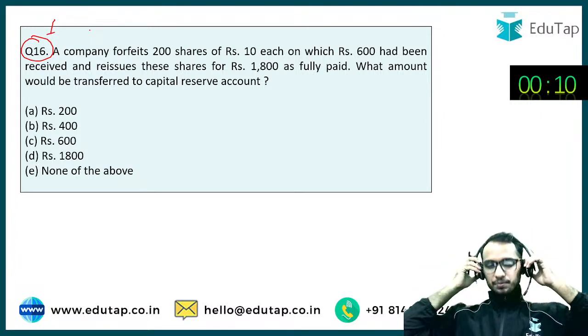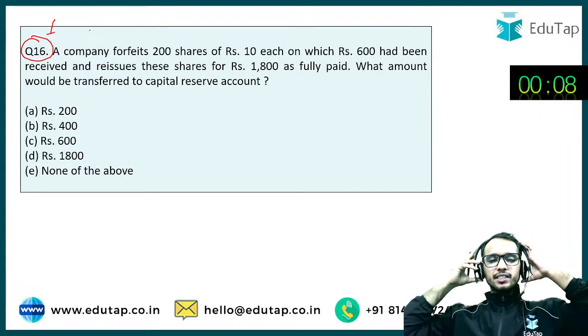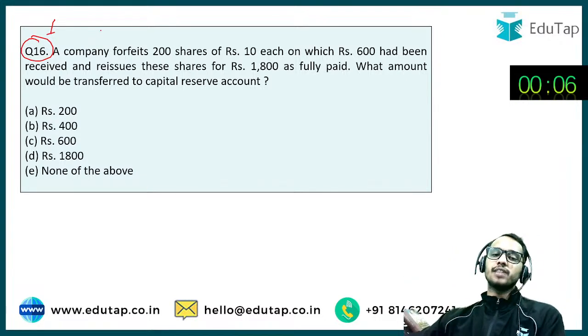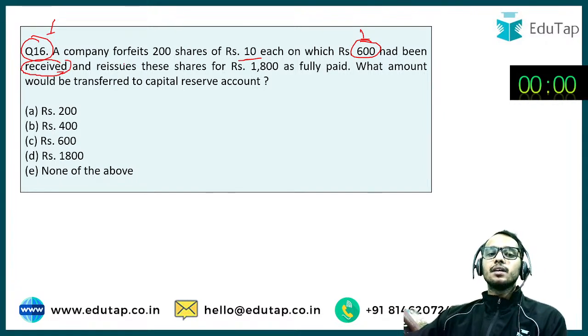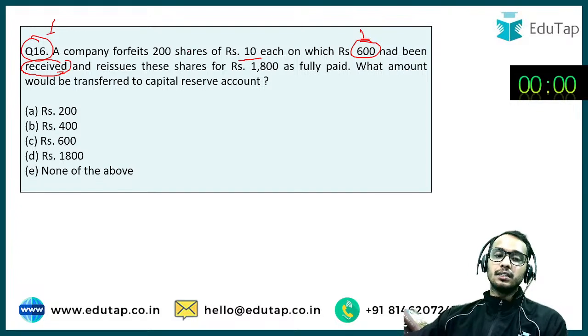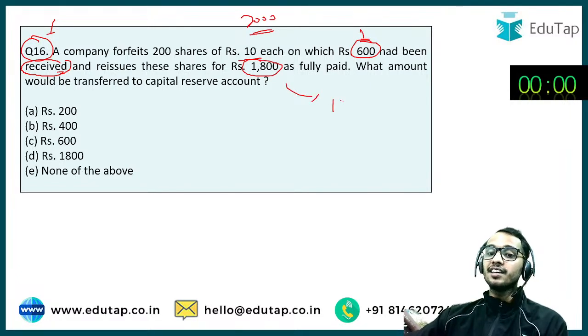This question says, a company forfeits 200 shares of rupees 10 each, on which rupees 600 had been received. Now, this has been received, paid up. And it reissues these shares for rupees 1800, but the price was 2000, so you are reissuing at 1800.